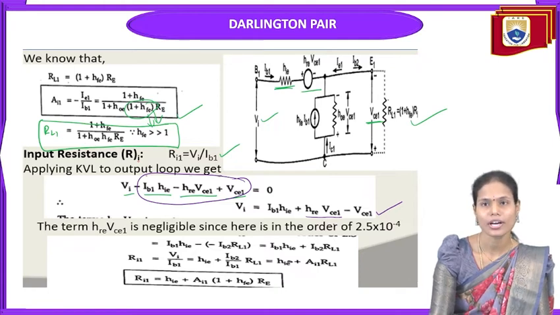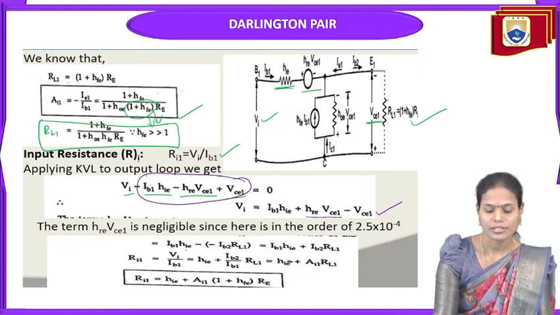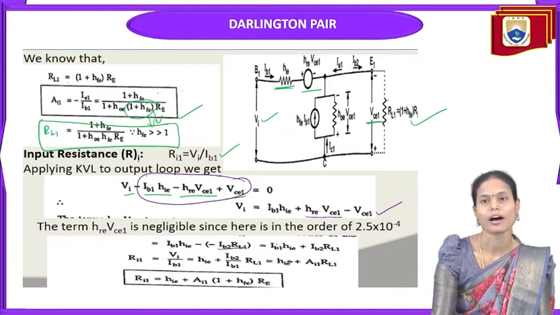After neglecting HRE VC1, we will get it as IB1 HIE minus of minus VC1, which is nothing but again IB2 into RL. So IB1 HIE, minus of minus is plus, IB2 into RL.